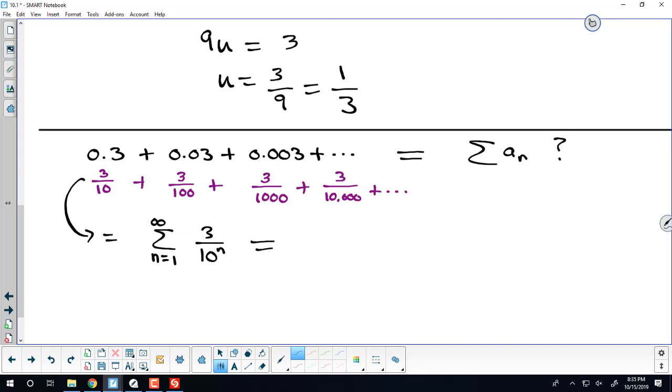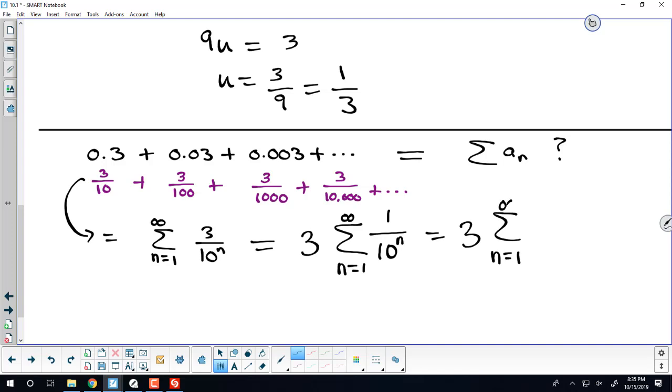So the 3 is really insignificant, right? We could factor the 3 out of every single term. As we might see in the future, that's the sum of 1/10 to the n, and we have all of that times 3.